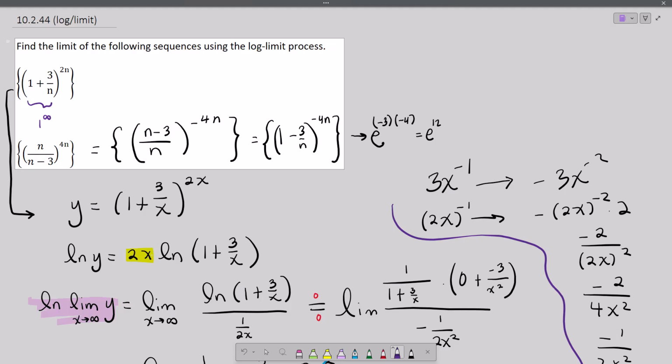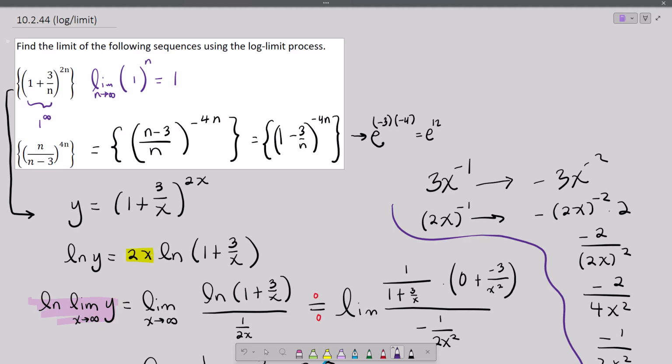So 1 to the infinity is not indeterminate when the base is exactly 1. If we did this, and then take the limit as n goes to infinity, this is not indeterminate. That will be 1, because the base is 1.